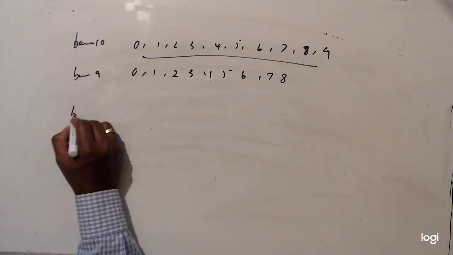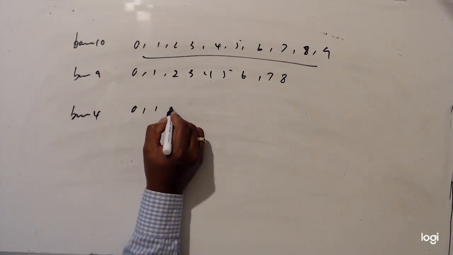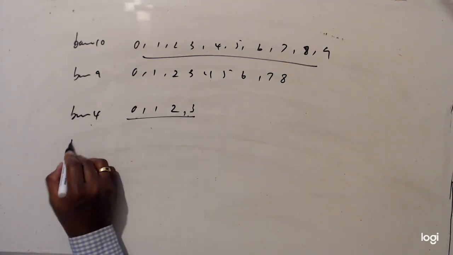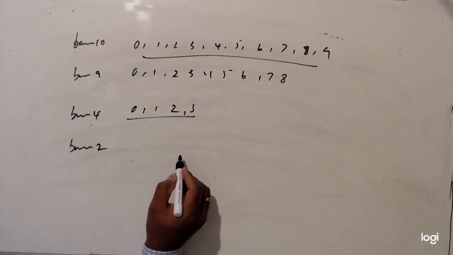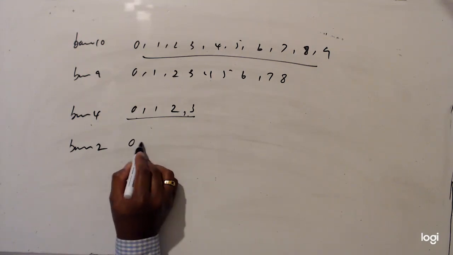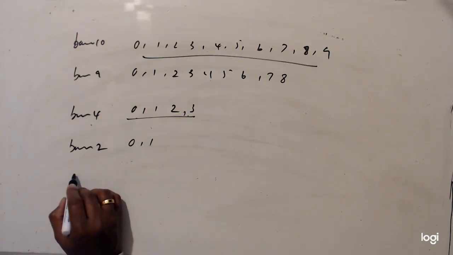Likewise base 4, 0 1 2 3, 4 numbers, 0 to 3. And base 2 is 2 numbers, 0 and 1.